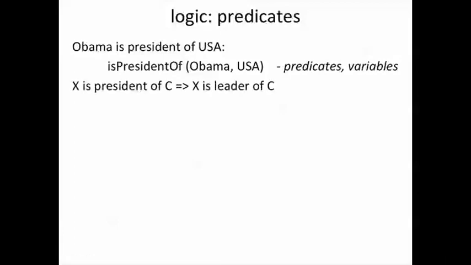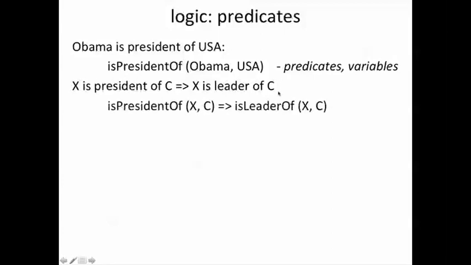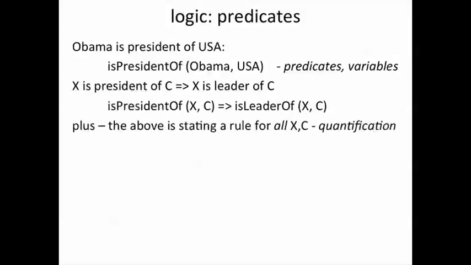Similarly, we might have a rule which says that if X is the president of C, then X is the leader of C, which could be stated as if X is president of C, then X is leader of C. Now, unlike this particular statement on top, the statement about X and C applies for all values of X and C. So this rule is not a simple rule such as Obama is president of USA.